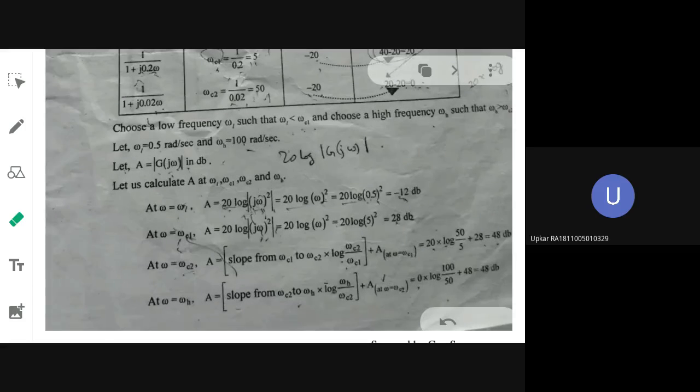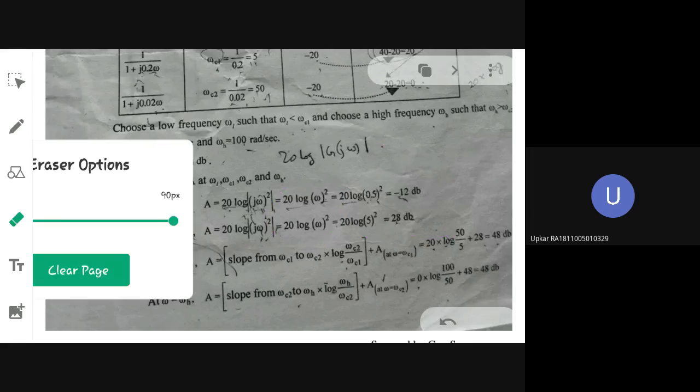Okay, so this is your omega L 0.5, the gain value is minus 12 dB. This is for 5 radians, that is omega C1, the gain will be 28. For these two factors, the gain contribution will be by the j omega square factor. Okay, and here onwards the formula will change a little bit. So what will be the slope formula?